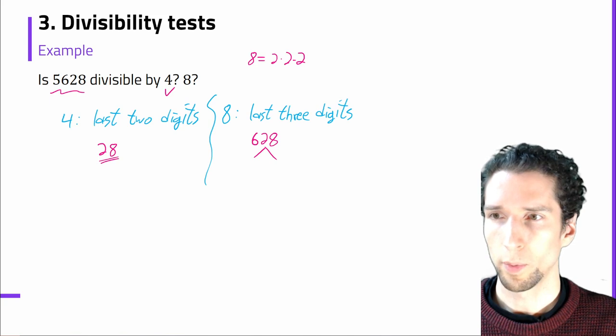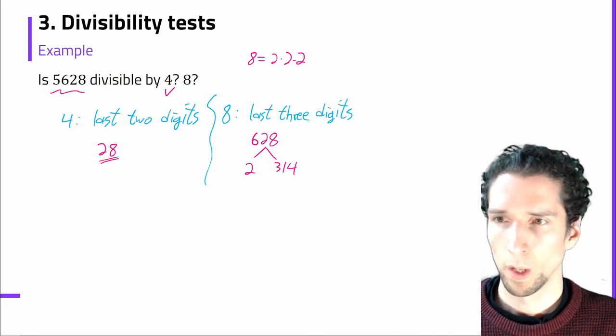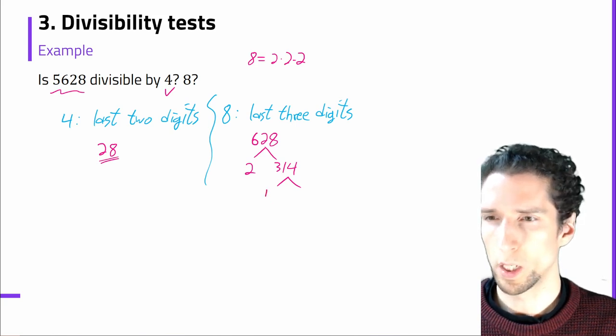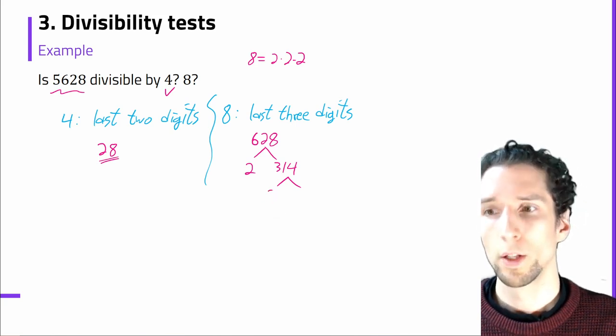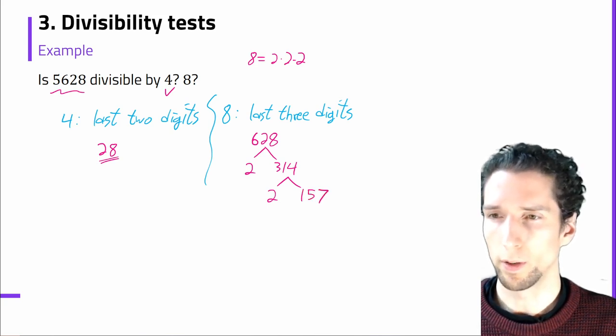If we split this up, we would get 300 on one side, and on the other side 2 and then 314. 2 times 314 gives us 628. Okay, so we can split it up again. So this would be, sorry, not 2, this would be 100, 2 on this side, and on this side 157.